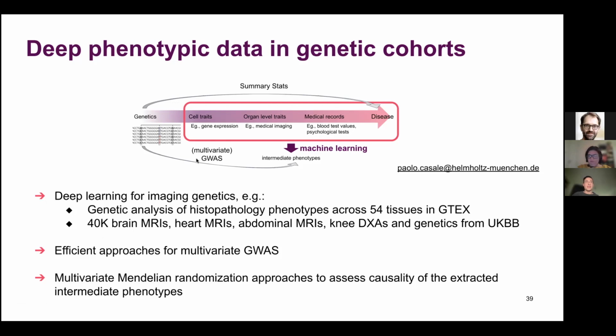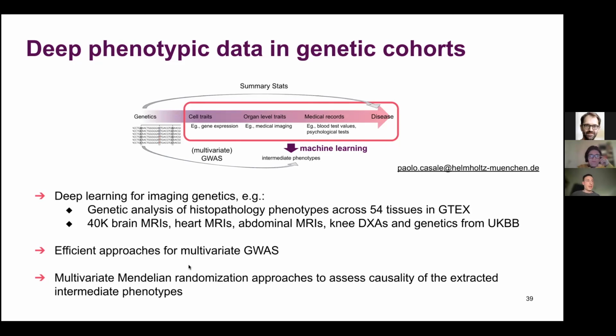We're also very interested in this part here, multivariate GWAS. In the second application, where we use the unsupervised approach, we were able to derive a multivariate phenotype. And sometimes these multivariate phenotypes can still be quite high dimensional.